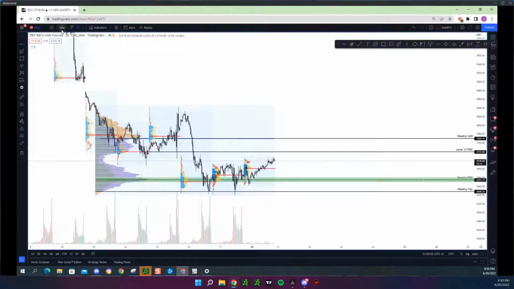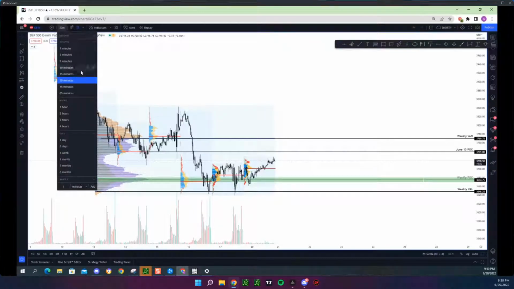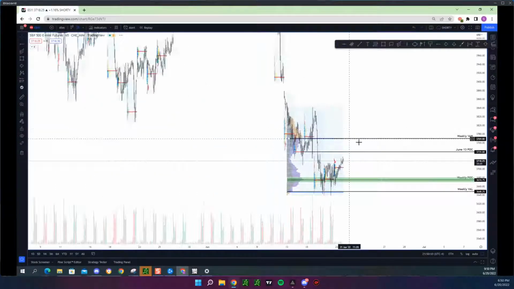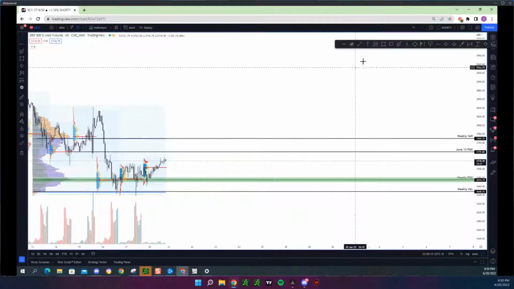Skinny belly should play out here up to here. That is really, really compressed here though.